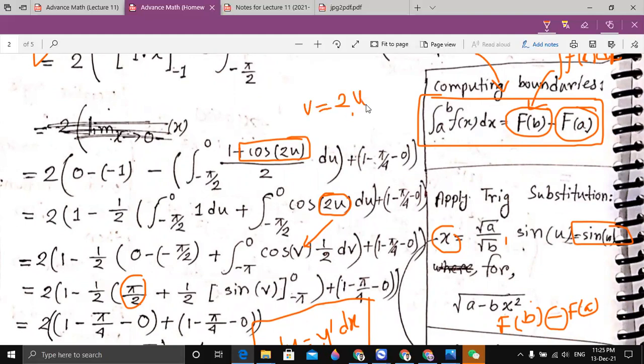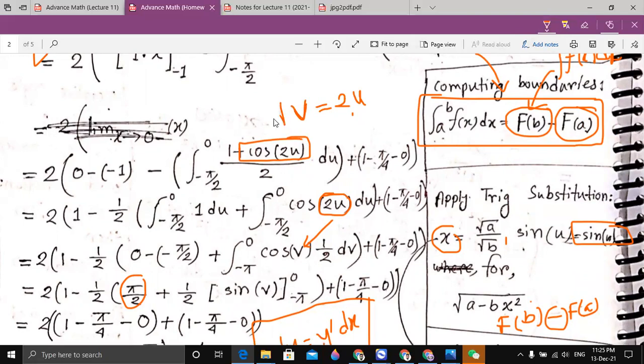We are not letting it be u again, because we have already u here. So we have to let something else, like we can let Alex equal to 2u, or we can let Omar equal to 2u. We cannot let u equal 2u, okay? So that's why we let v equal 2u.